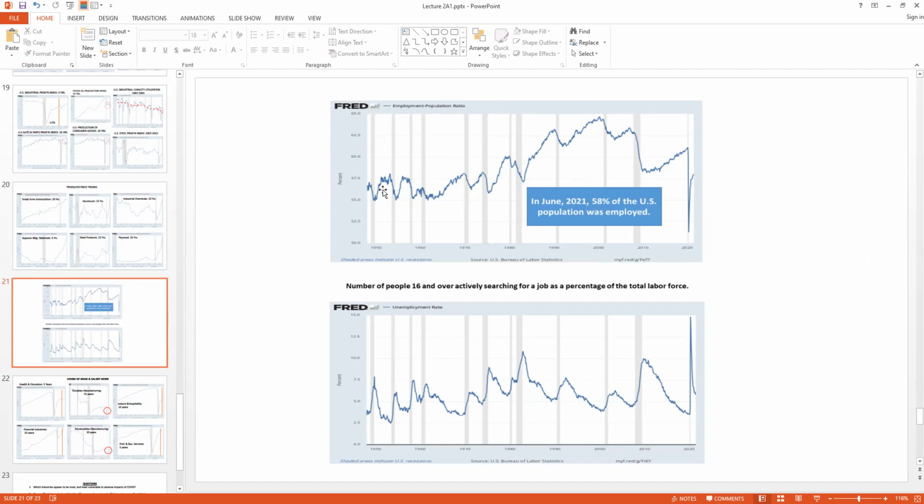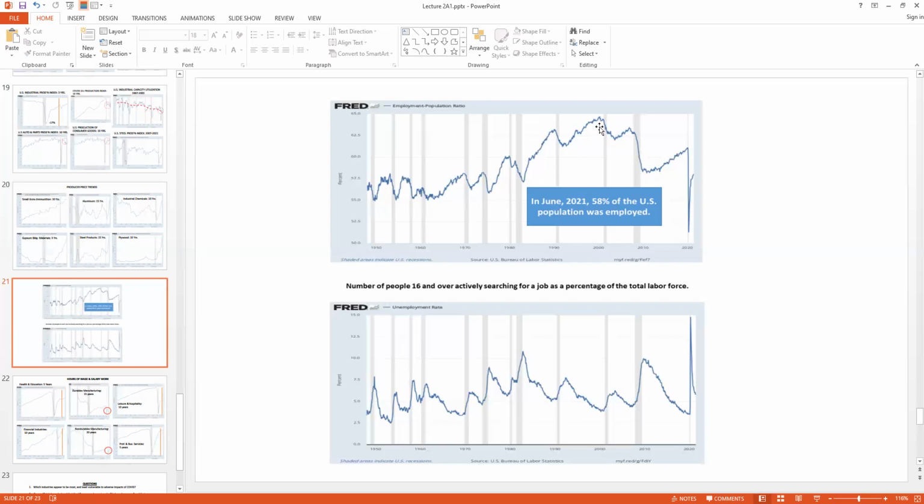And you can see for some time it was pretty stable, and then it rose as the economy got better. And among other things, more women came into the workforce. And then in recent years, the portion of people who are working declined.